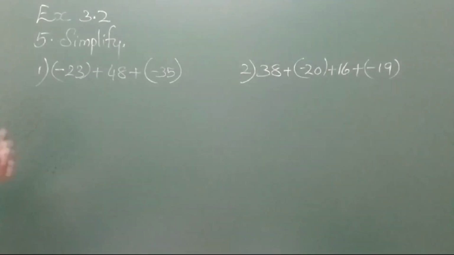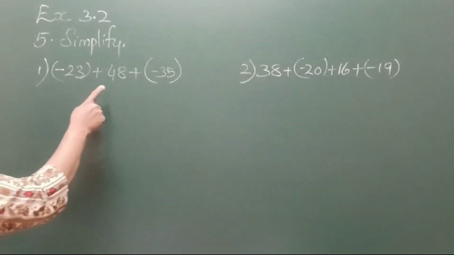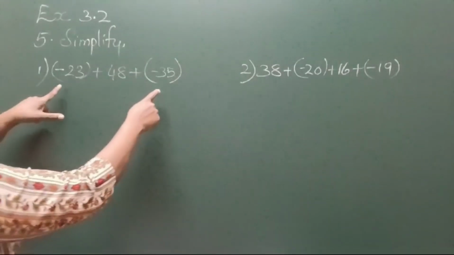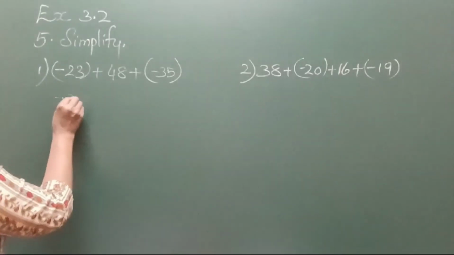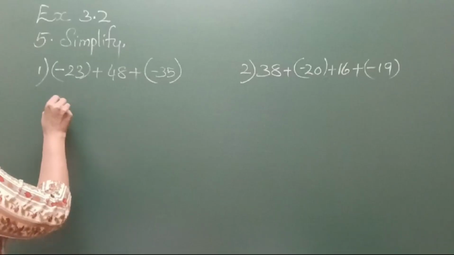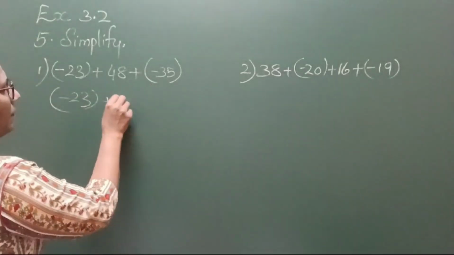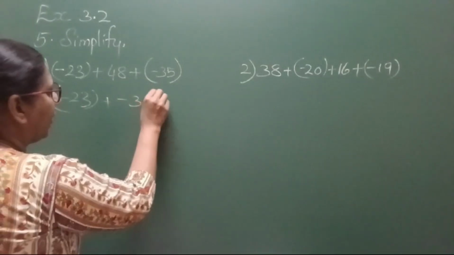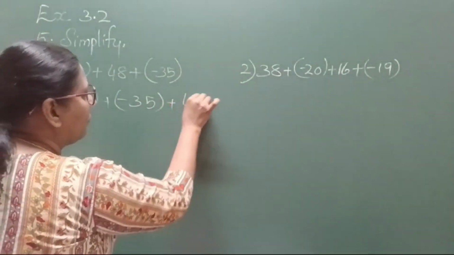So let's do it. Here there are two negative integers and one positive integer. First we'll add these two: minus 23 plus minus 35, then plus 48.